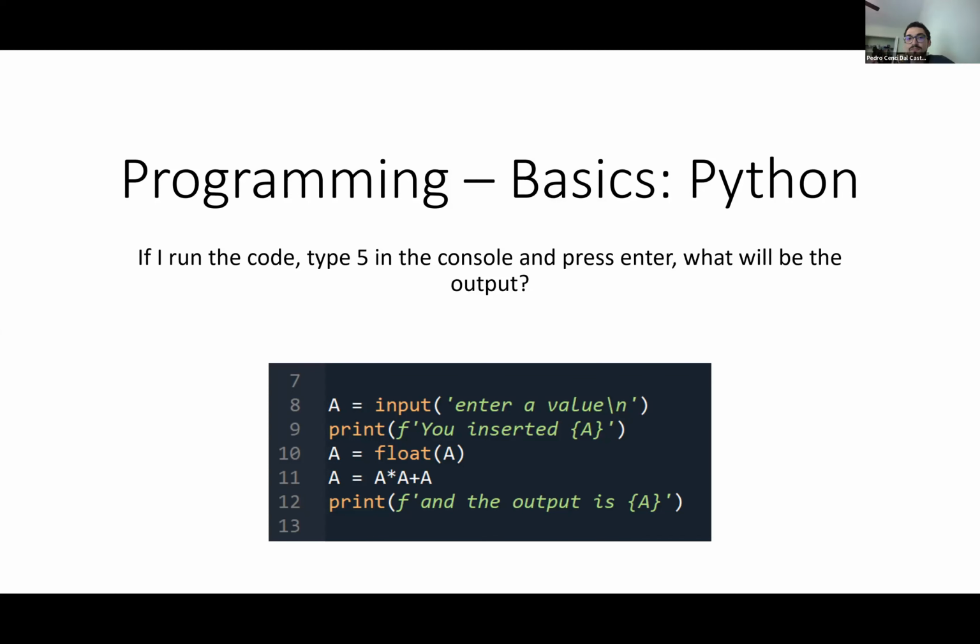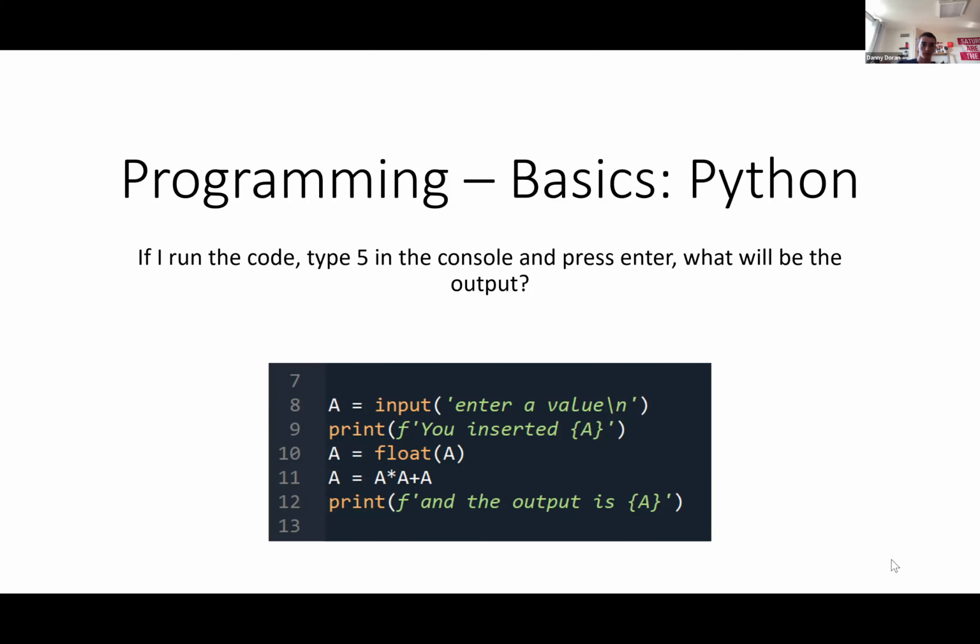Now that A is a float, I can start doing math operations. So let's say A is 5. I typed 5, pressed enter, and now I do A equals A times A plus A. And then I print. The output is A. What is the output? 30.